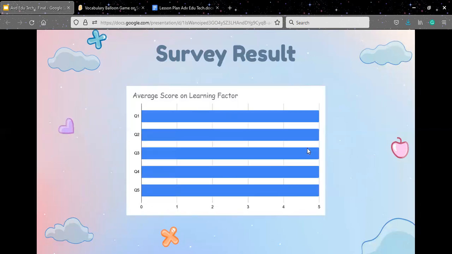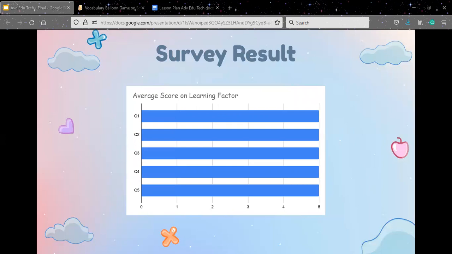In this survey, there are three factors. The first is the learning factor, the second is the quality factor, and the third is the engagement factor. The learning factor determines the student's perception of how much the student learns, how much the game helps the student learn English vocabulary.